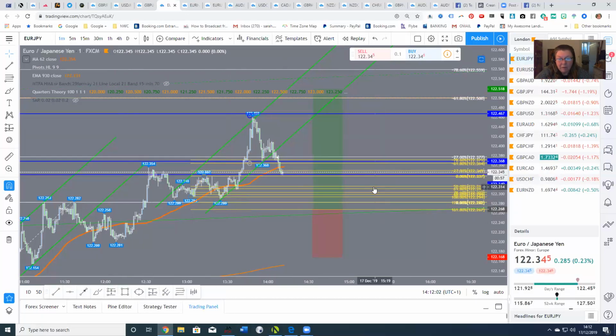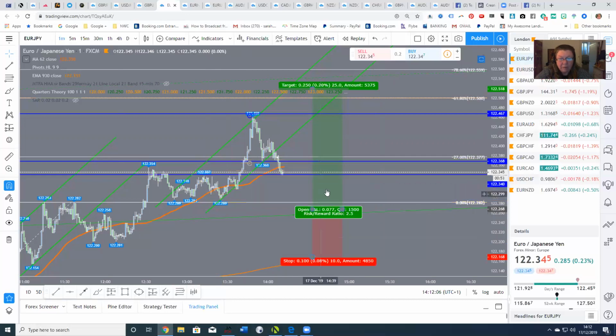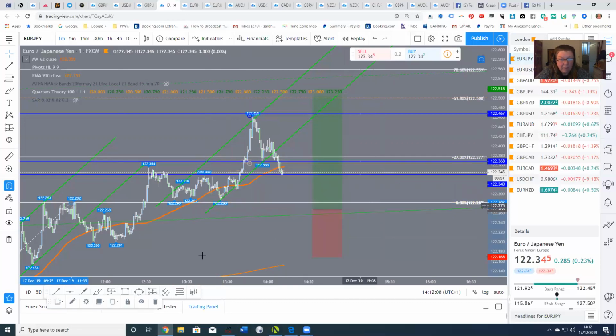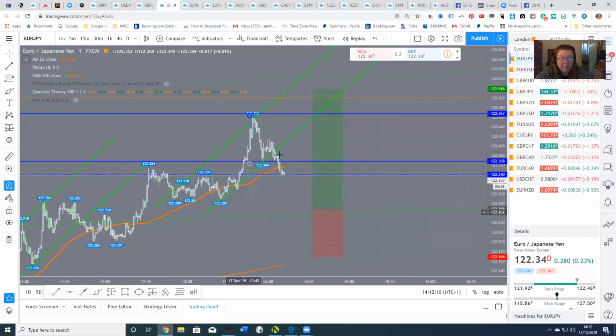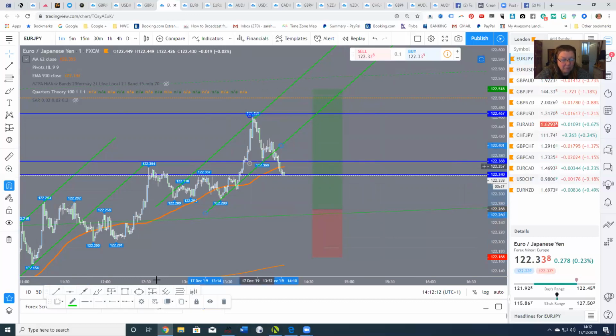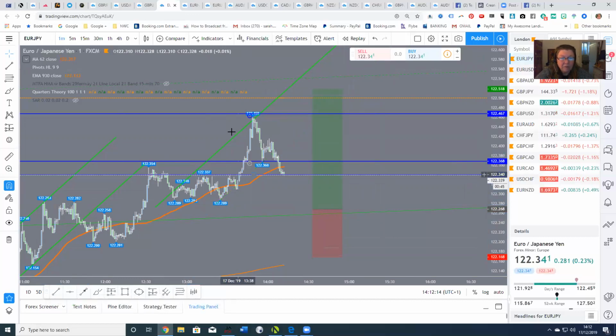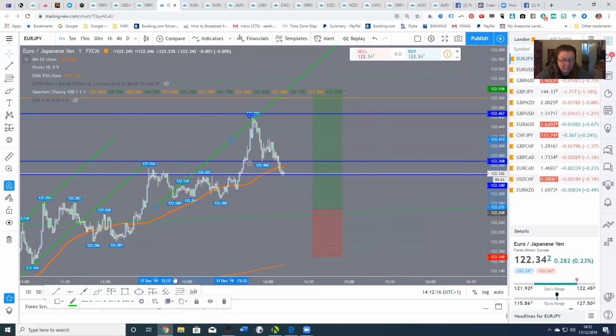I could take these fibs off actually, just make it a bit clearer now. Don't think we need them on any longer, so you can have a better look. And I will do this while we're here. Just take off these and the previous channel. Right.